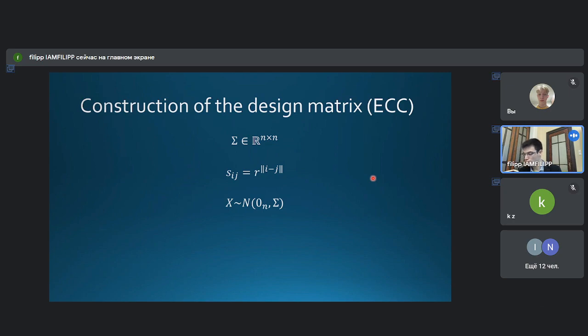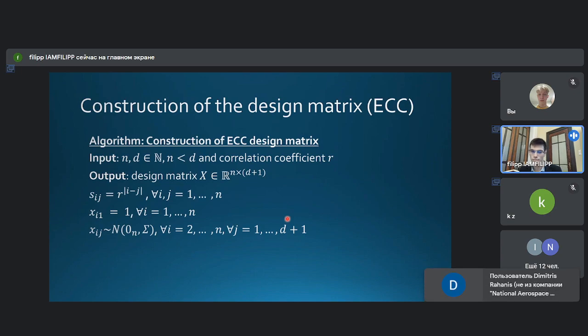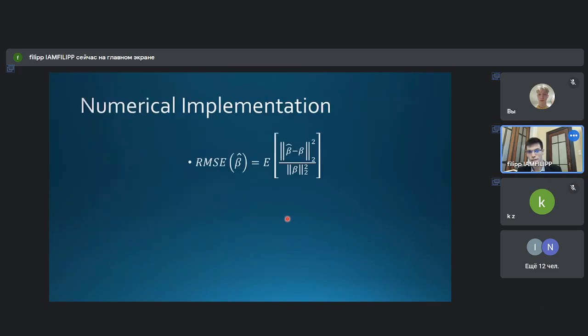Now we will calculate all the elements using the normal distribution with the covariance matrix sigma and a mean of 0, as always. This is also depicted in the following algorithm, which uses the exact aforementioned commands.